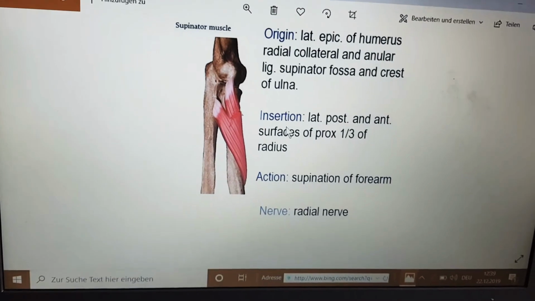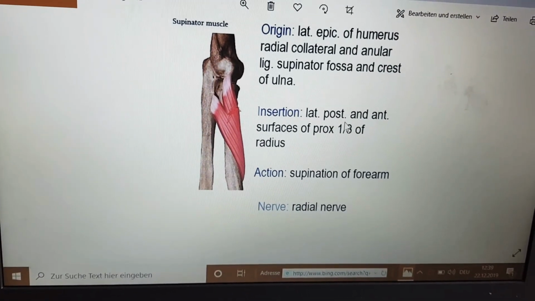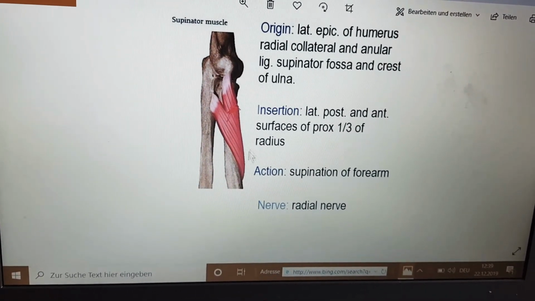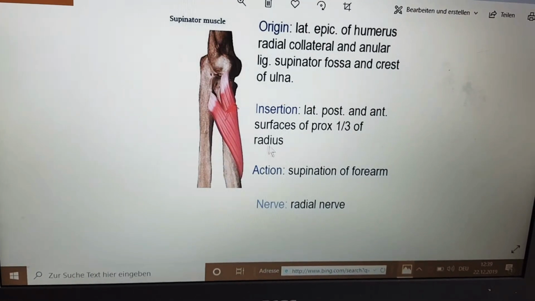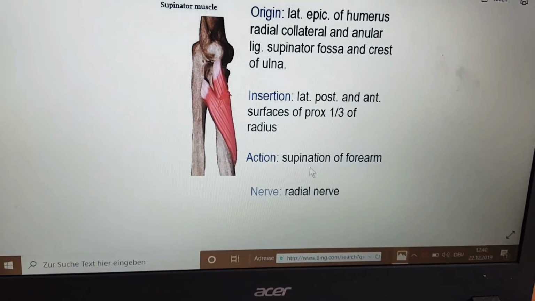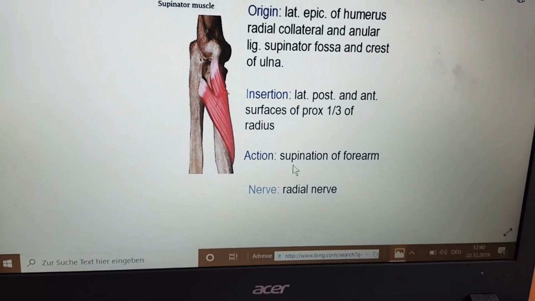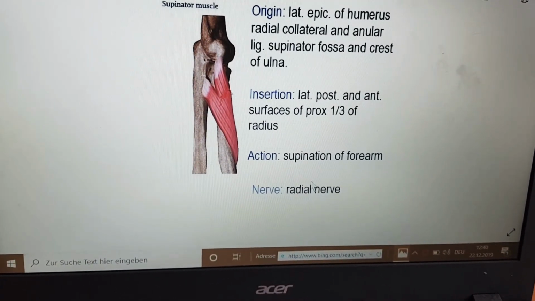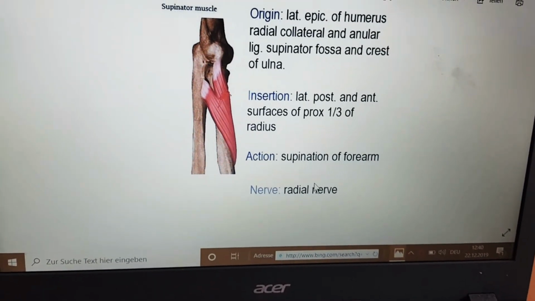The insertion of this muscle is the lateral, posterior and anterior surface of the proximal third of the radius. The action of this muscle is supination of the forearm, and the nerve supply of this muscle is the radial nerve.